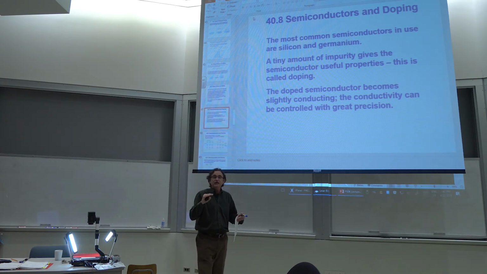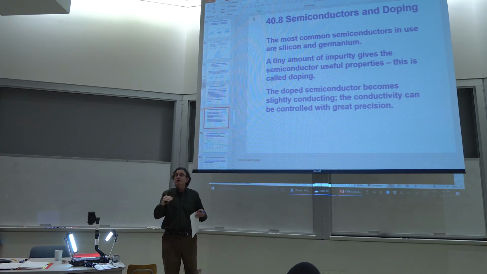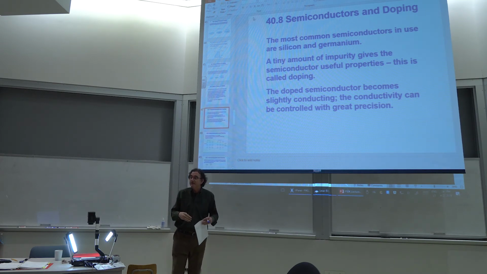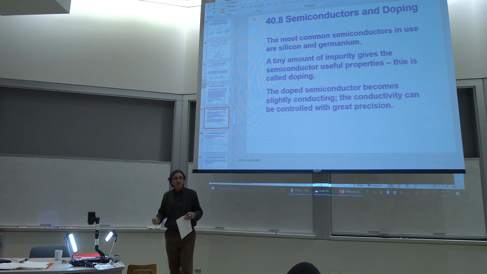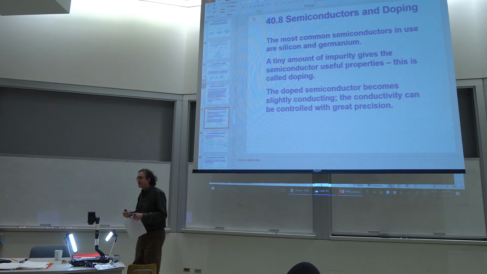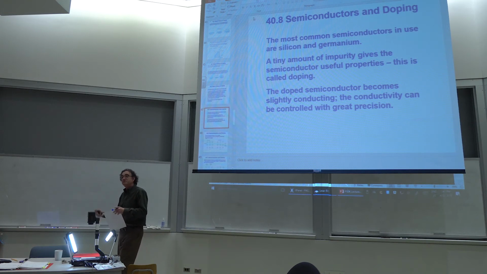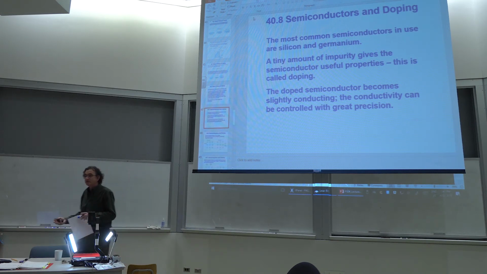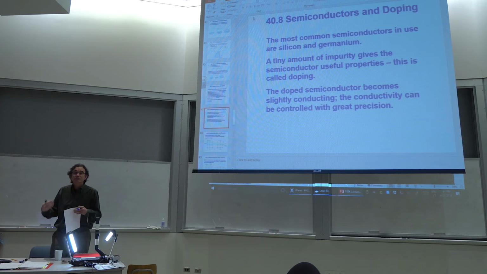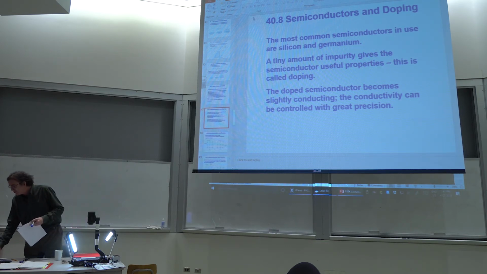So instead of having in our calculation 1 in 10^9 that make it there by thermal energy, we add the impurity and we can get like 1 in 10^6. Still a small number compared to conductors, but it's a significant dramatic increase relative to the undoped semiconductors. Okay?